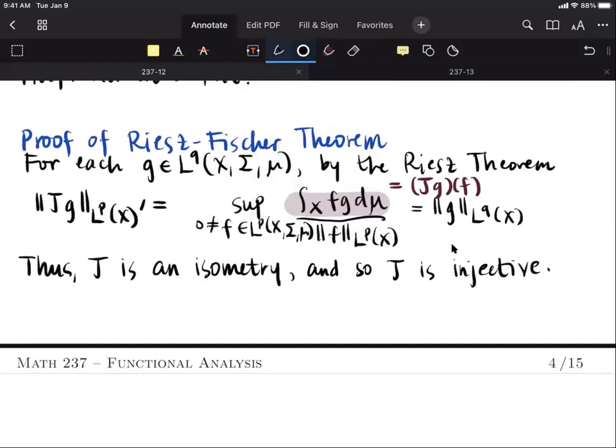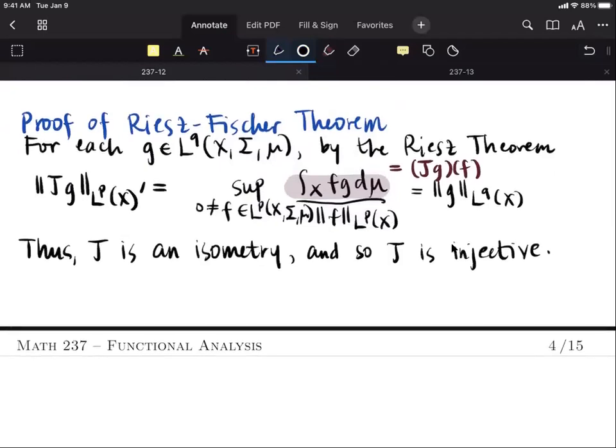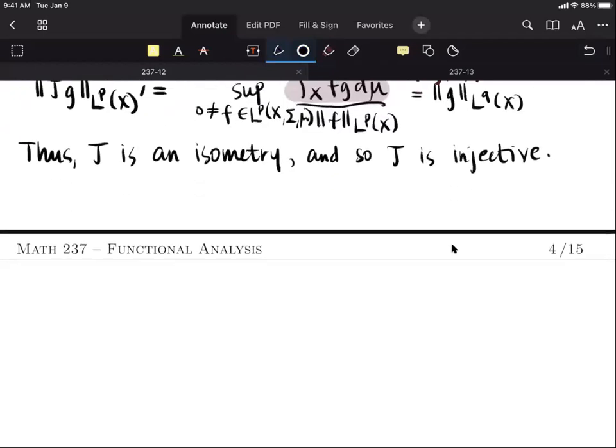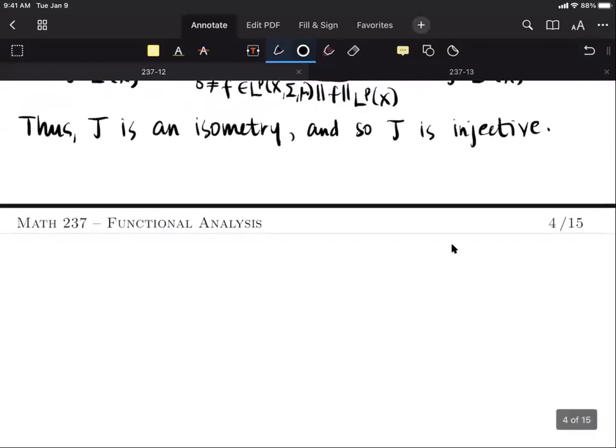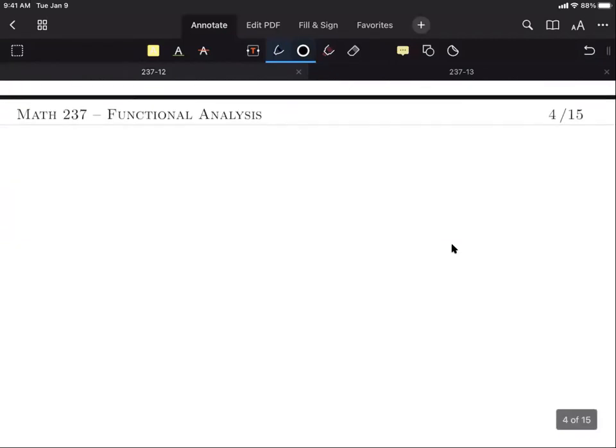And for this, we split the proof in two parts. It remains to show that J is surjective.